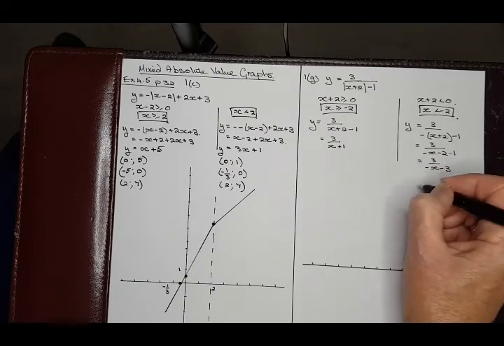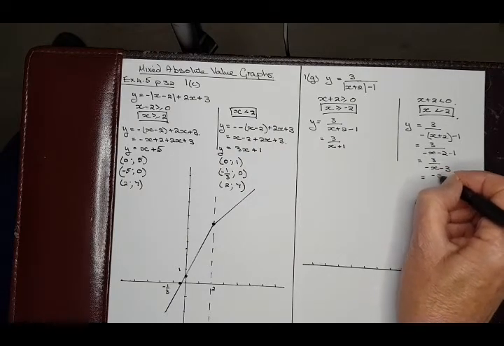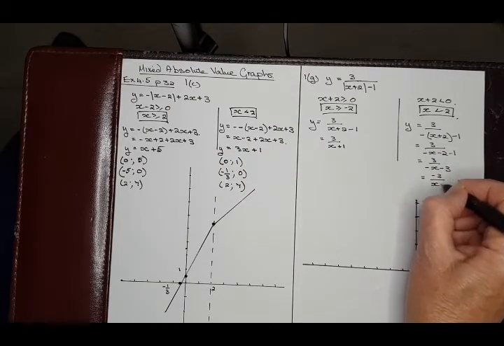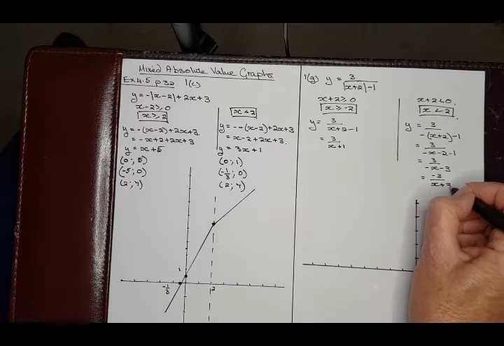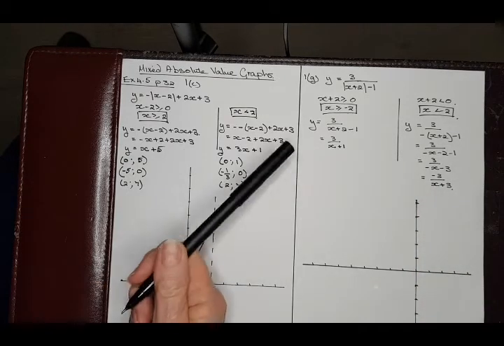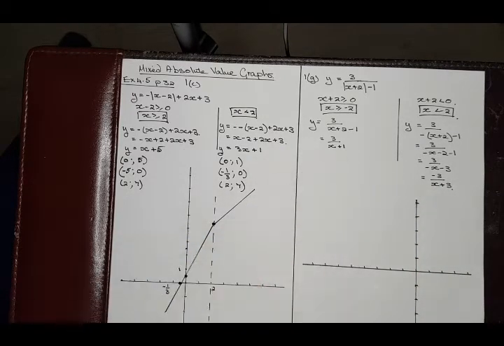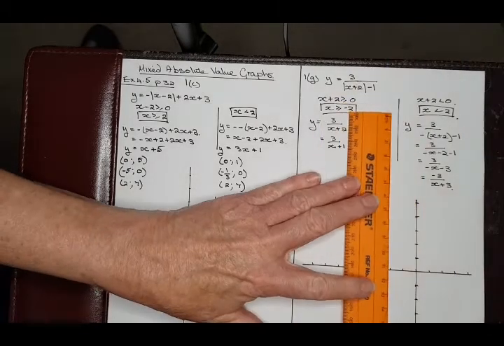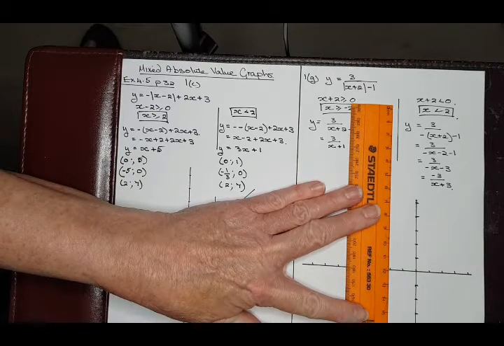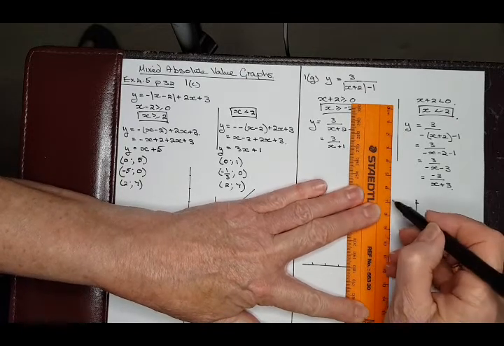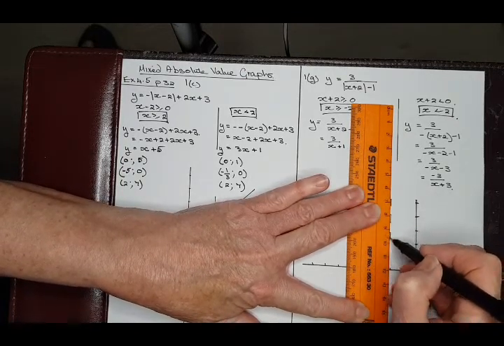I'm going to choose to take a minus sign out there and write it like this because I think it will look more familiar to you. Okay, so now we have two separate hyperbolas to draw, and the dividing point is still going to be at this vertical line when x is equal to minus 2.